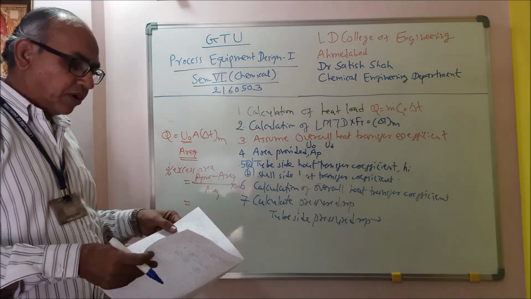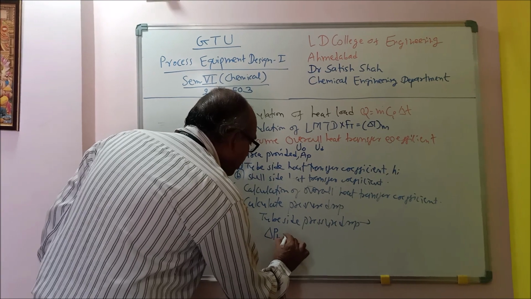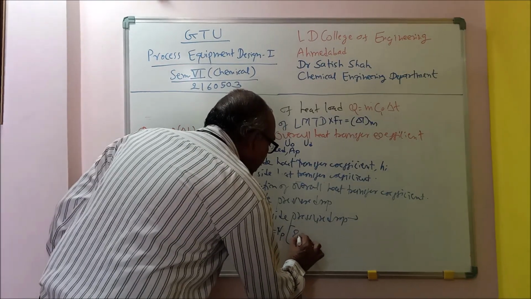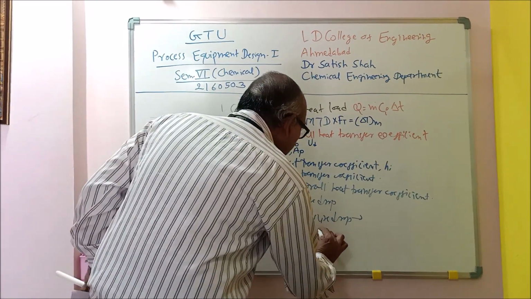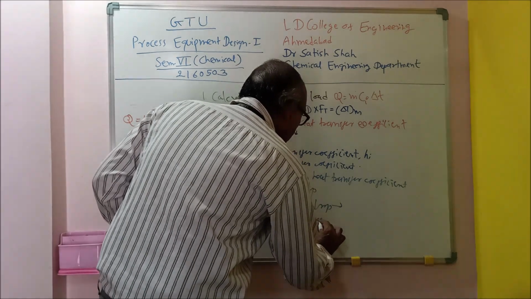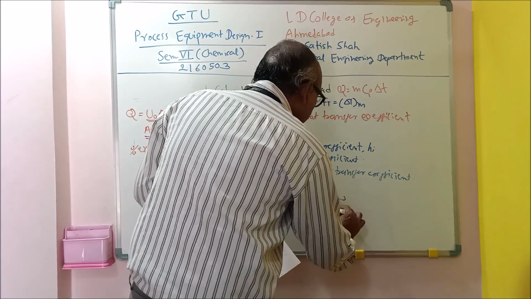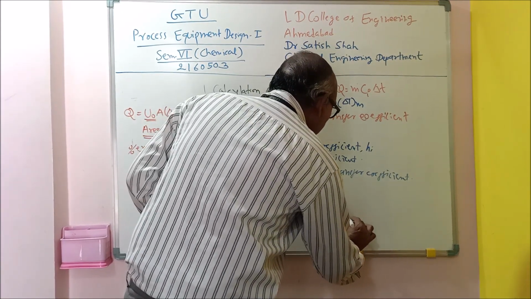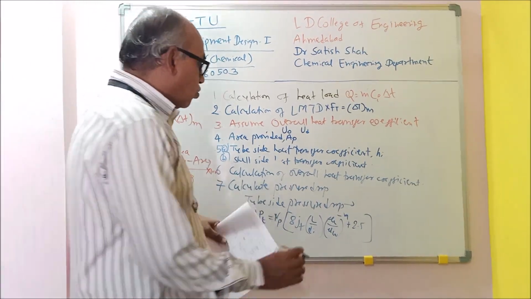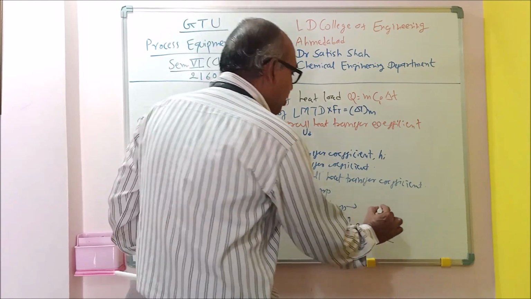When you want to calculate the tube side pressure drop, the formula is delta PT is equal to NP into 8 JF into L upon DI into mu by mu w raised to minus m, plus 2.5, into rho ut square by 2, in Newton per meter square.